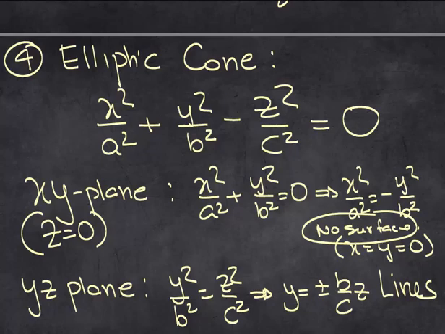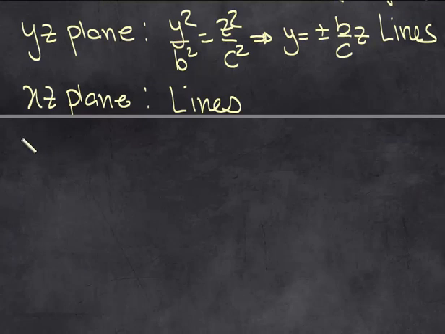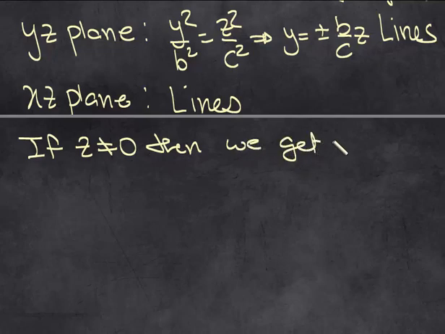So we do need to address that. Whenever you don't get a surface, address the situation. So we can say if Z is not 0, then we get an ellipse. The only time we don't get an ellipse is if Z is 0. What do we get if Z is 0 though? We get a point. Do you guys remember X and Y are both 0?